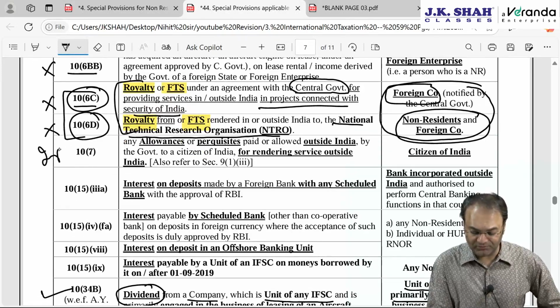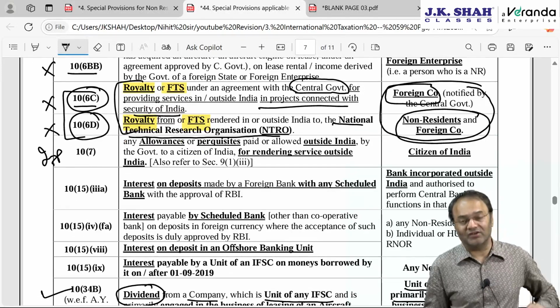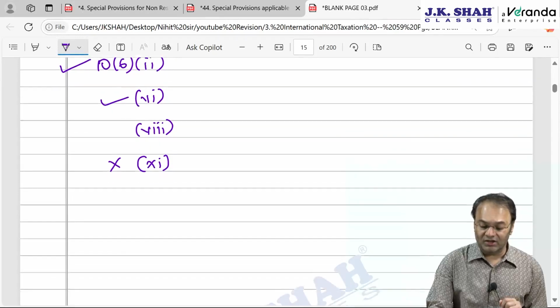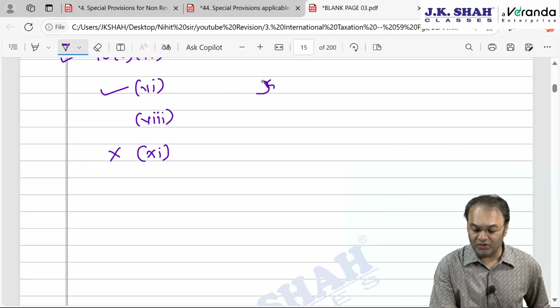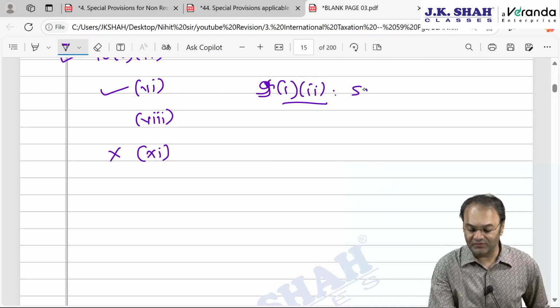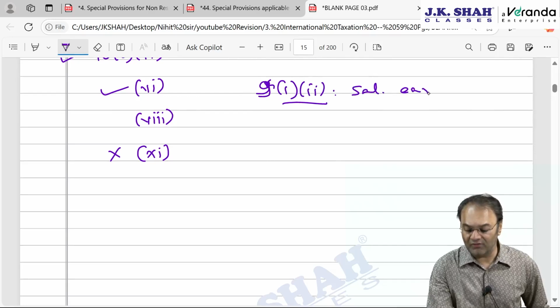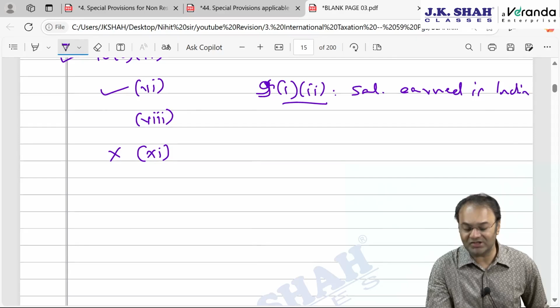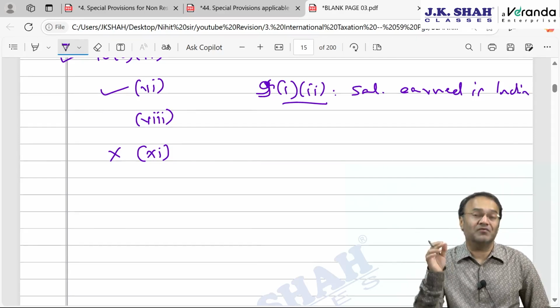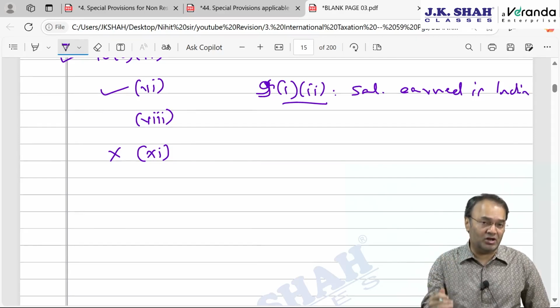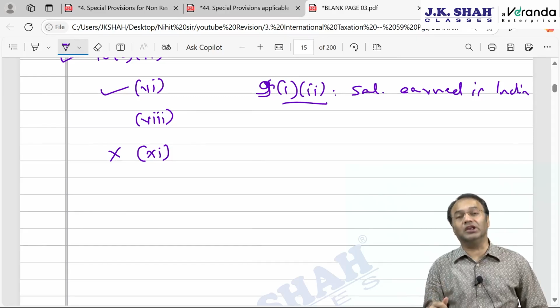10(7) is important. Now if you recollect, section 9(1)(ii) says that salary earned in India will be deemed to accrue or arise in India. Earned in India means salary from services rendered in India will be deemed to be earned in India.